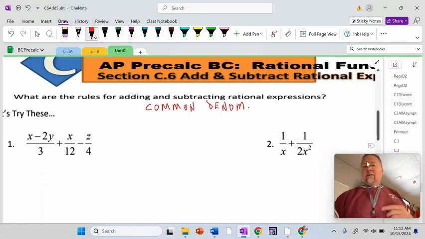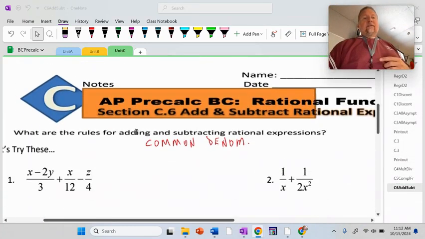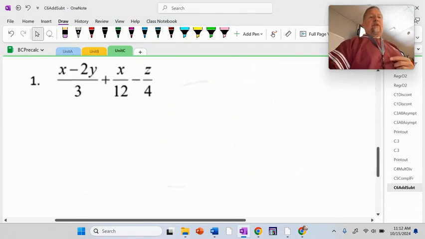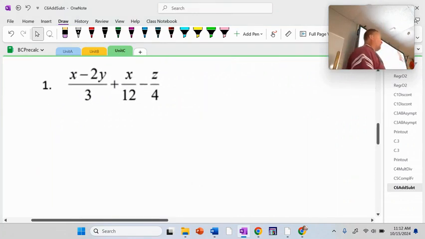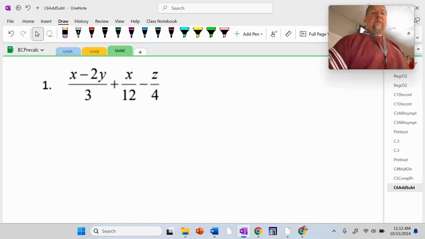Does that sound okay? You're going to do these two, and then I'm going to show you how you do these. I'm going to skip a couple of these note examples. You fifth hour people, look at the key to the notes for the ones that I don't do. Fourth hour, you're going to do them all just because I'm here.